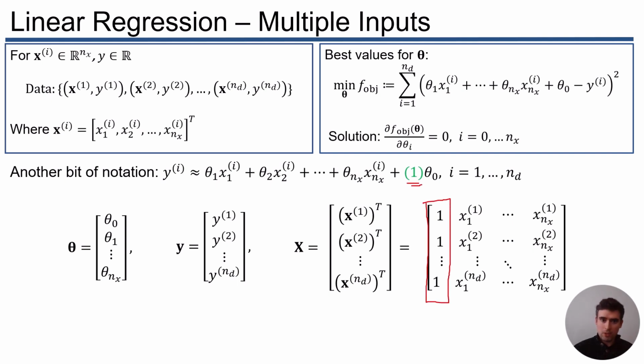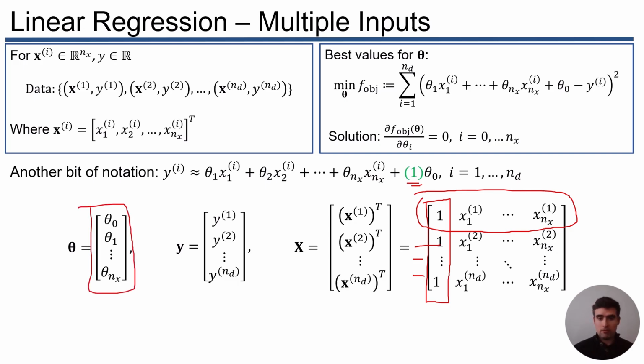What that will allow me to do is to multiply each of these rows over here by this vector of parameters, and basically give me this part over here. And this will allow me to have a nice reformulation that allows me to write this as a closed form expression in a vectorized form.